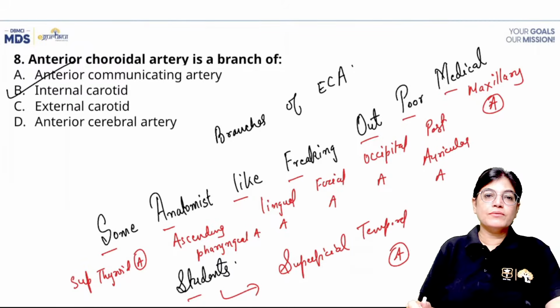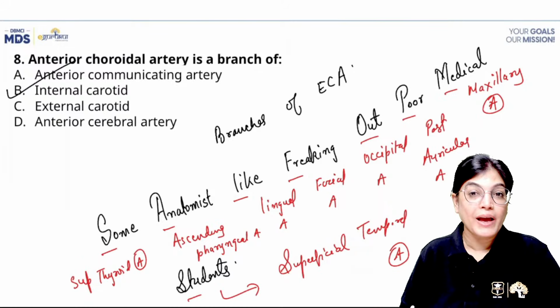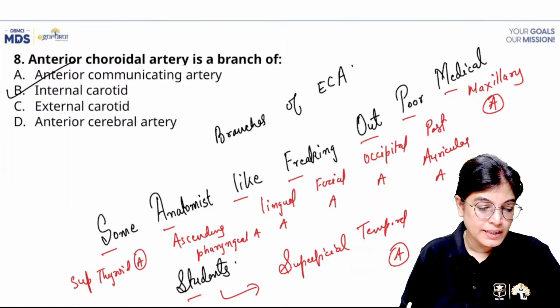Is it okay? So we have done with the branches of ECA, and we already know the branches of ICA, 5 branches in the brain, which I have already told you.